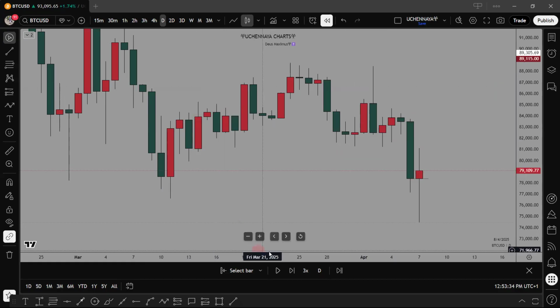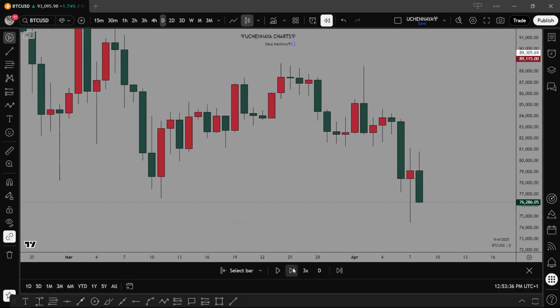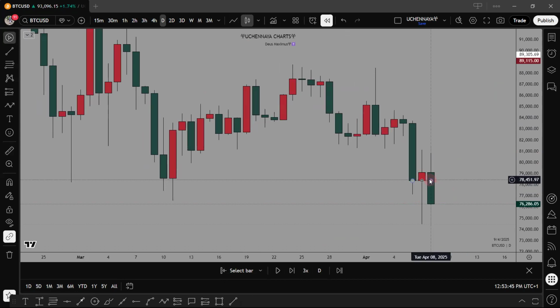But then the next candle that came broke it. Now it has become a support, gets broken, turns into a resistance. It has become a resistance.